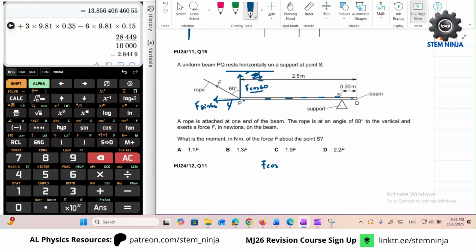So F cos of 60 times by 2.5 minus 0.3, that is 2.2, equals to the weight. Weight is right over here. The total length is 2.5, so 2.5 divided by 2 minus 0.3. So 2. Wait.